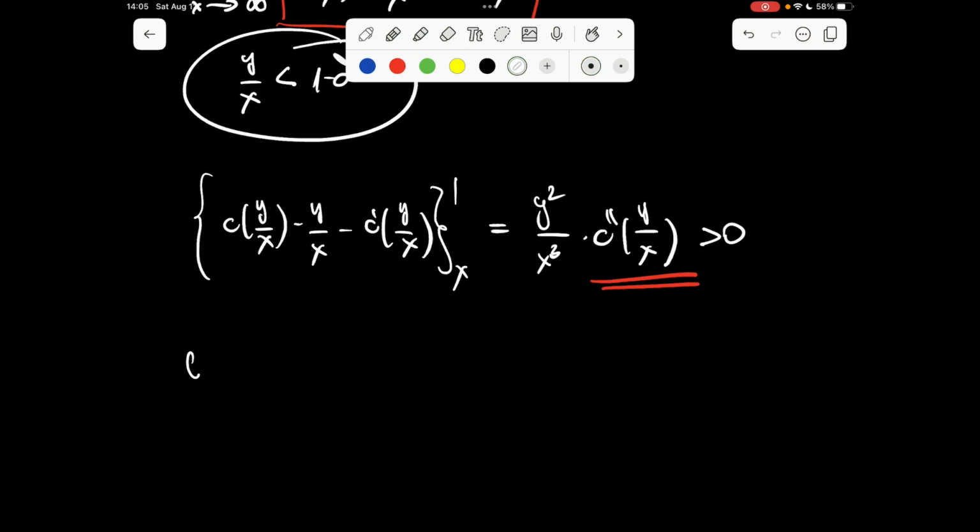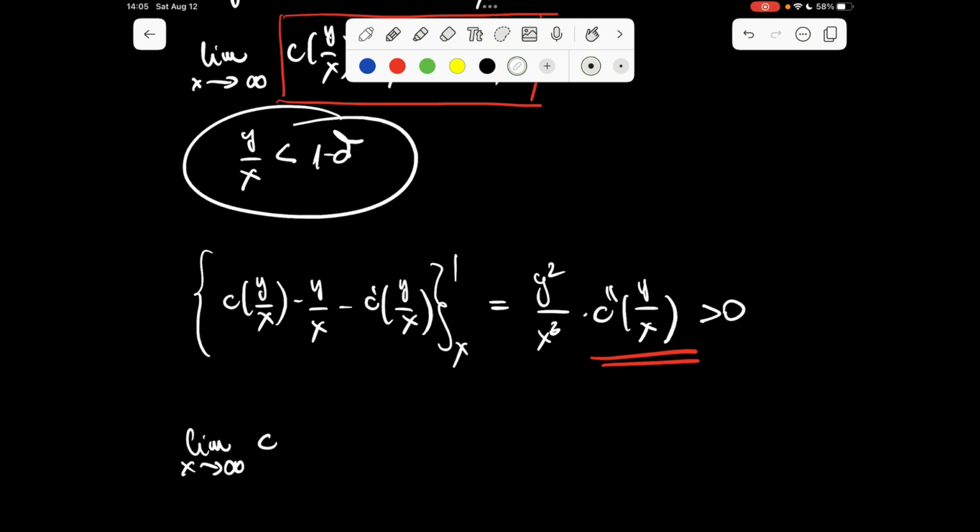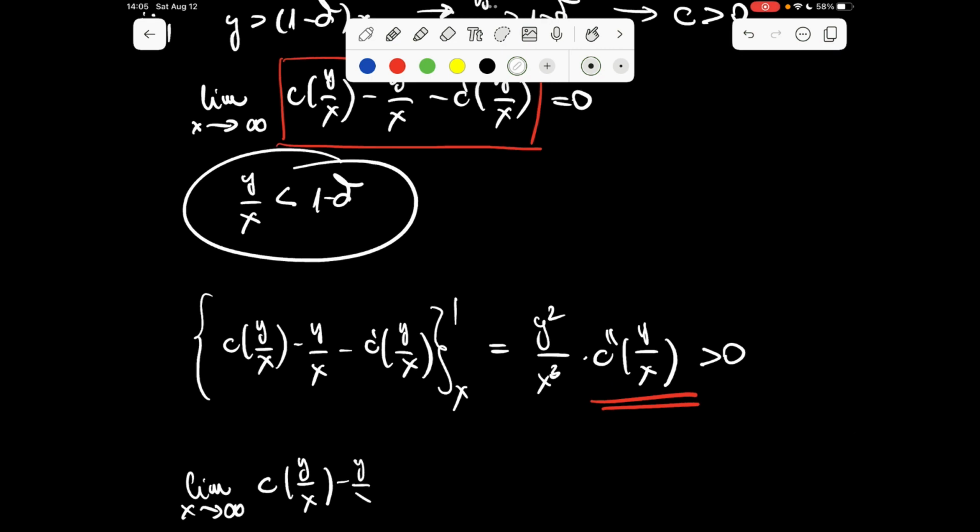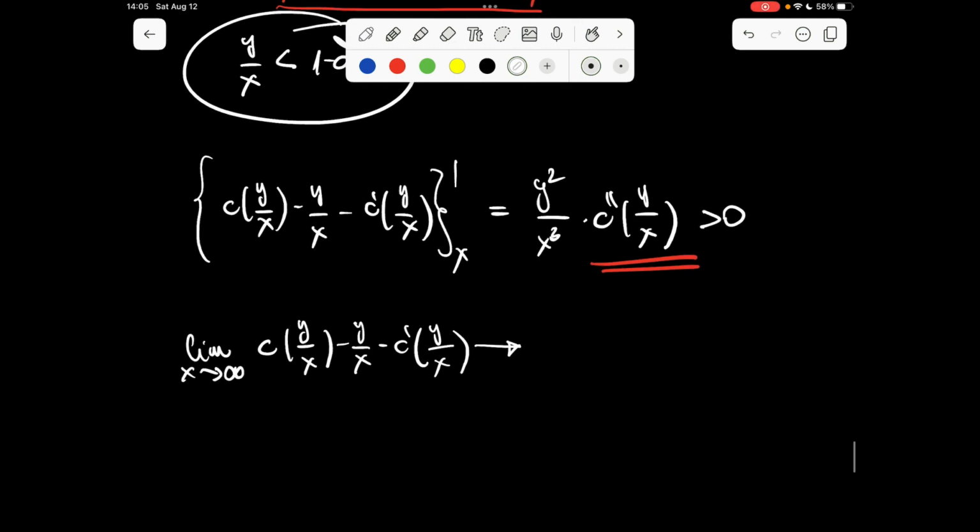Given the fact that the function tends to 0 if x goes to infinity, and given the fact that before becoming 0, the first derivative of the function is positive, so the function is strictly increasing before becoming 0, the function must be negative on this section.